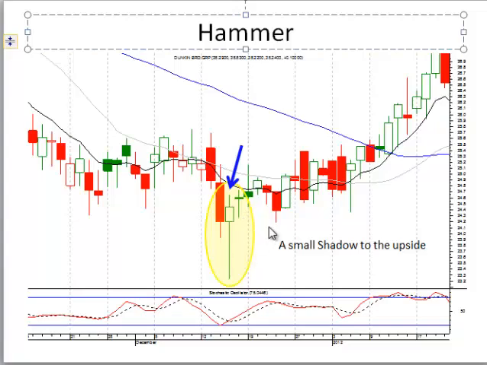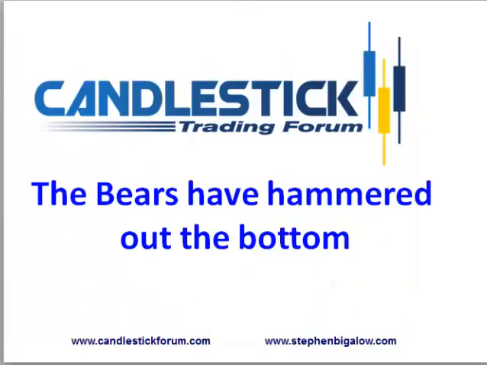Nothing's set in stone, but remember, these signals would not be conveyed to us by the Japanese rice traders as reversals if they didn't work on a high degree of probability that the reversal has occurred. That long shadow to the downside is basically where the bears have hammered out the bottom and the bulls have stepped back in.